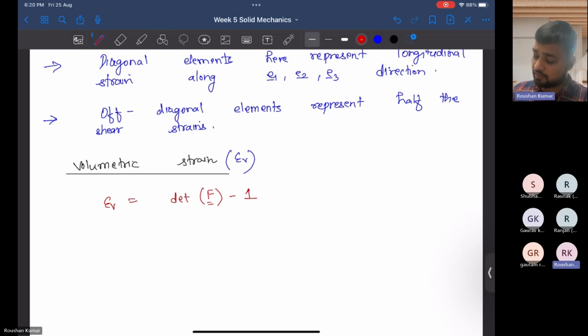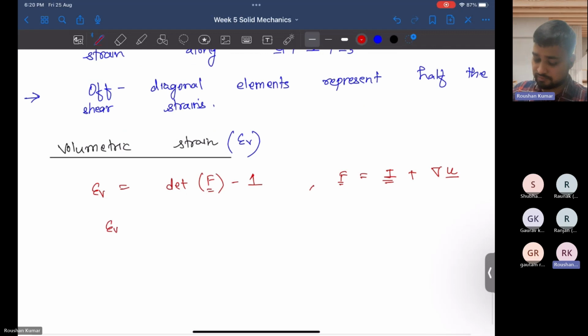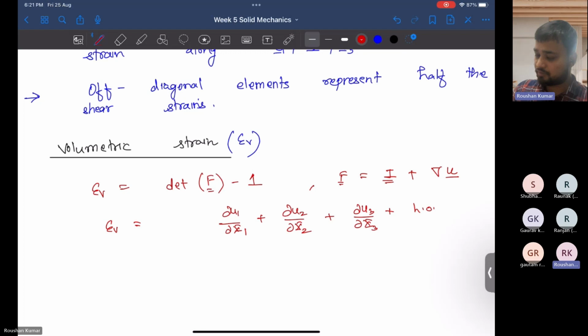And we also know that F is given by the identity tensor plus grad U, that is the displacement gradient. If we put this in this equation, we find that volumetric strain can also be written as 1 plus del U1 over del X1 plus del U2 over del X2 plus del U3 over del X3 plus higher order terms.